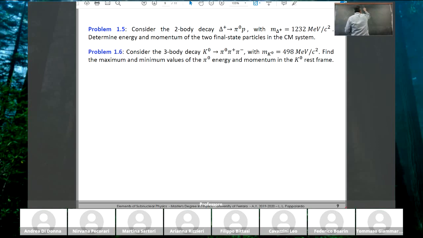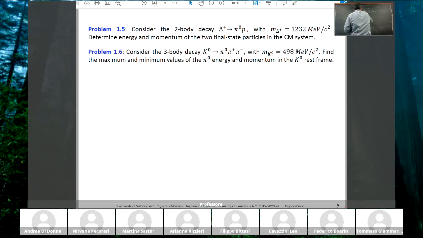So we have s equal to the mass squared of the K0, which is 498 MeV squared. And again, the total momentum in the center of mass must be 0, that is, the momentum of the pi0 plus the momentum of the pi plus plus the momentum of the pi minus must be 0 in the center of mass frame.